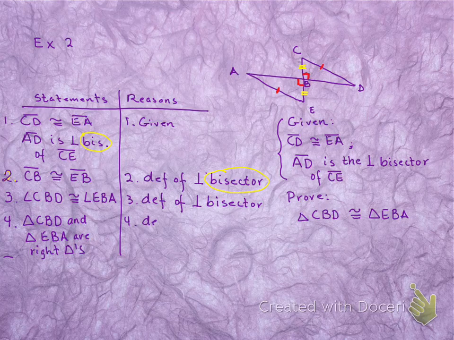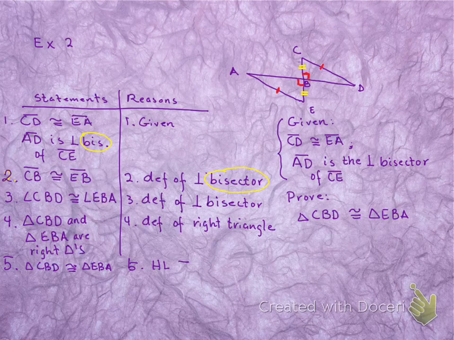And that is the definition of a right triangle, because it's got that 90-degree angle in there. Okay? Now, statement number 5 allows us to say that triangle CBD is congruent to triangle EBA by the HL theorem.